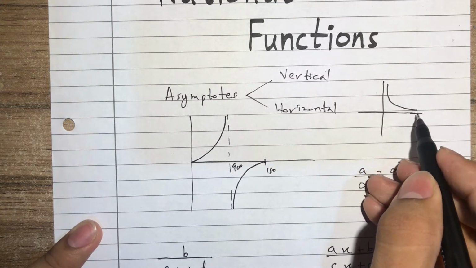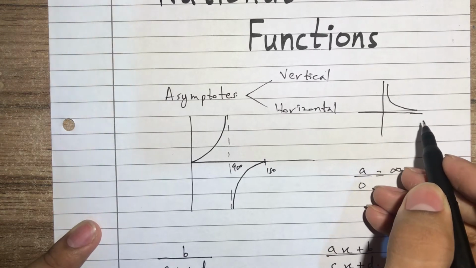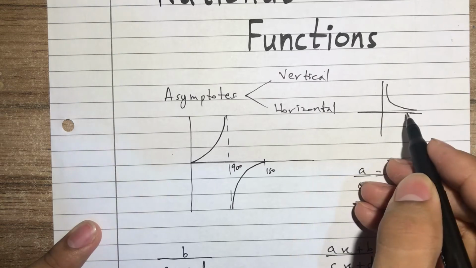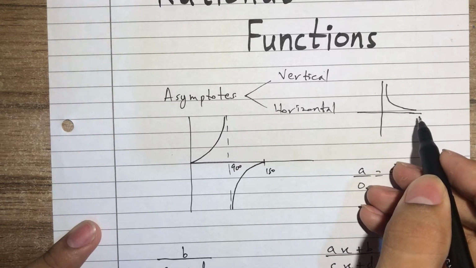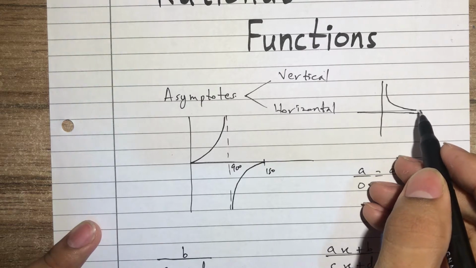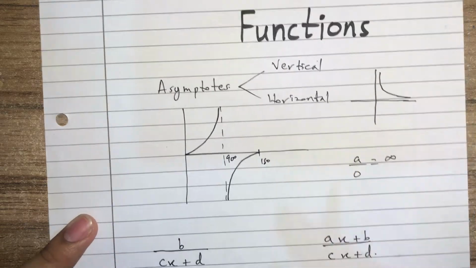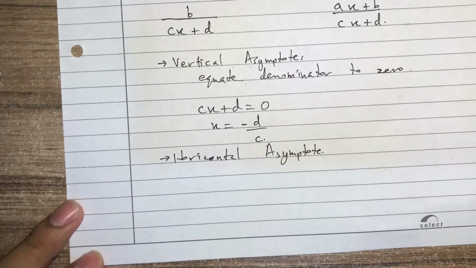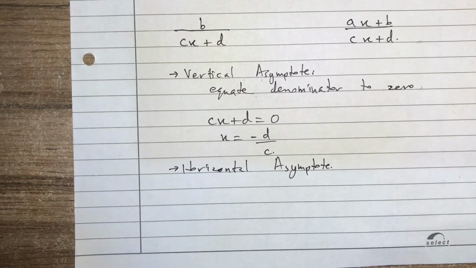So when x is very large, what will be the value of y? That is represented by the horizontal asymptote. The horizontal asymptote over here is the x-axis. So this means that when x is very large, y will be 0 because it is the x-axis. So the horizontal asymptote is the value of y when x is very large or undefined, right?